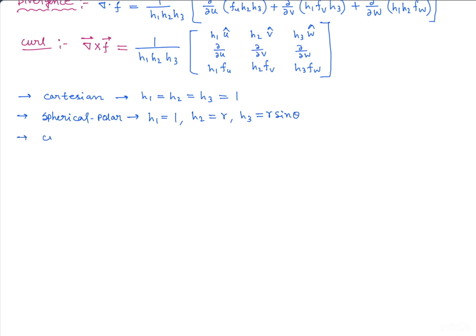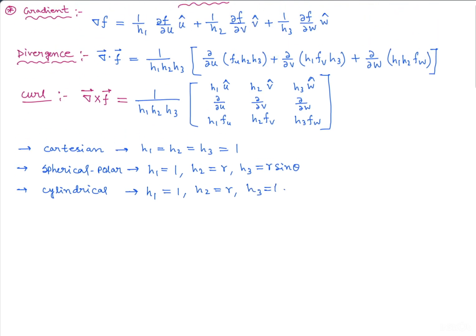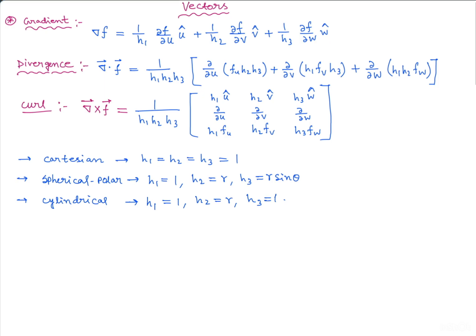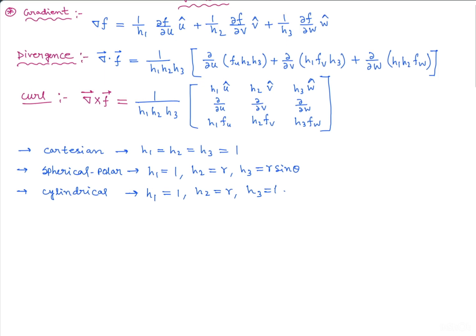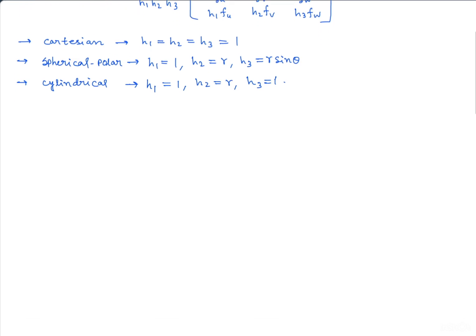For the cylindrical coordinate system, h1 equal to 1, h2 equal to r, h3 equal to 1. So this is the basic formula of gradient, divergence and curl.